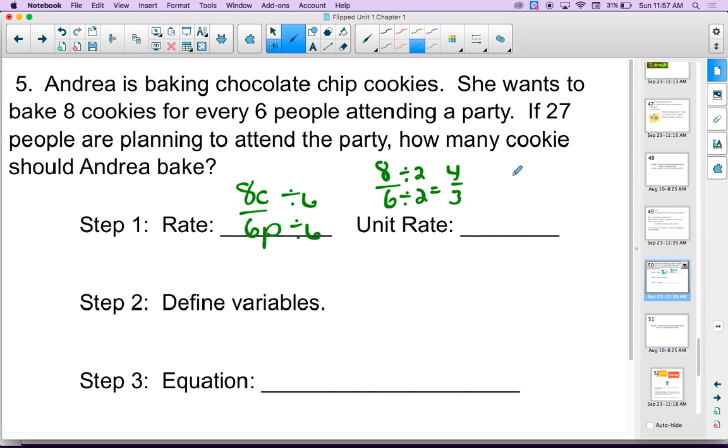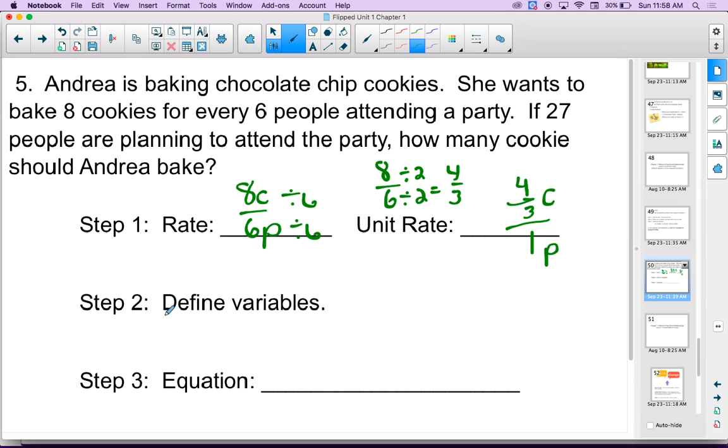And I'll say that my unit rate is 4/3 of a cookie for every one person that attends the party. I know that looks a little bit weird. Obviously, they're not going to be breaking cookies up into thirds, but that's kind of the average that Andrea is making, 4/3 of a cookie for every one person.